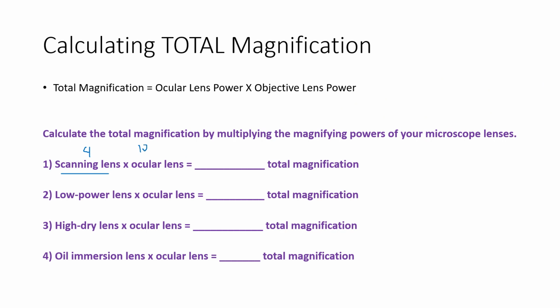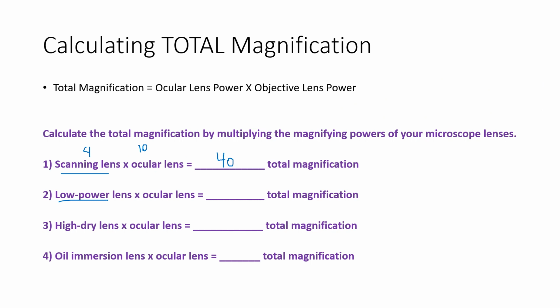Remember we said the ocular lens was 10 times the magnification. So what you're going to do is just multiply the 2 numbers together. 4 times 10 is going to be 40. So if the scanning lens is in place and you look through the microscope, you're going to be looking at an object that's magnified 40 times its normal size.